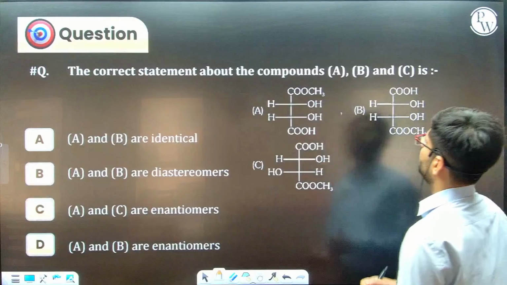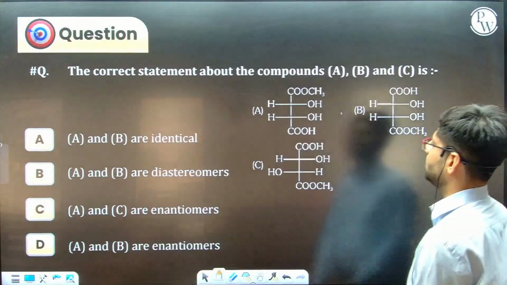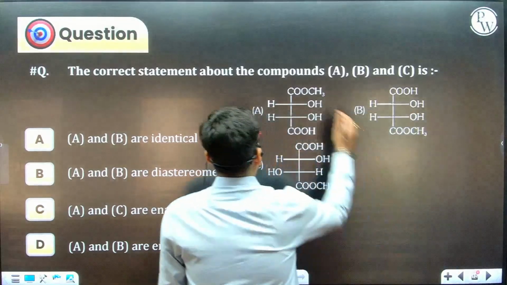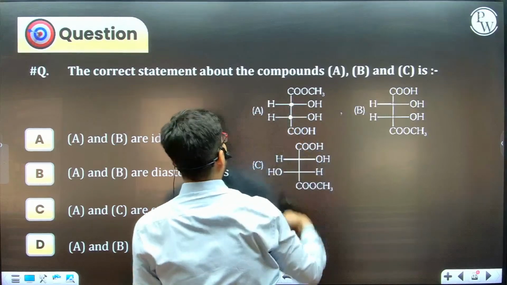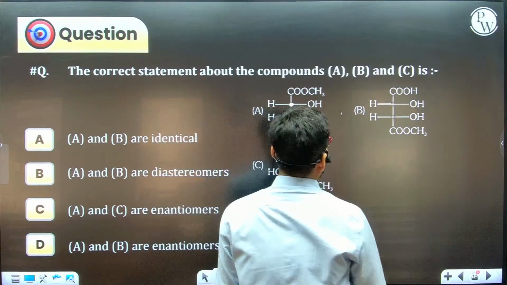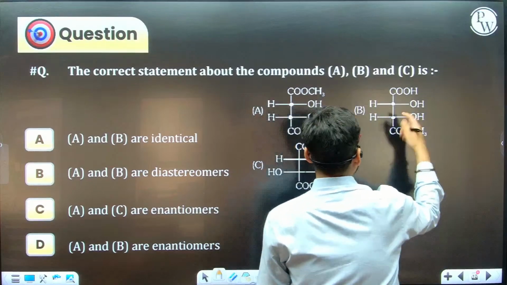Next question. The correct statement about compounds A, B and C is, okay, look at A. A has two chiral carbon atoms. And now if I look at B, now see, this is interesting. B is nothing but this, right?